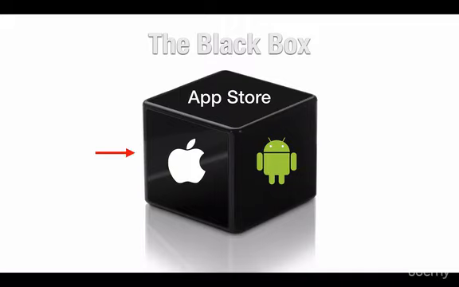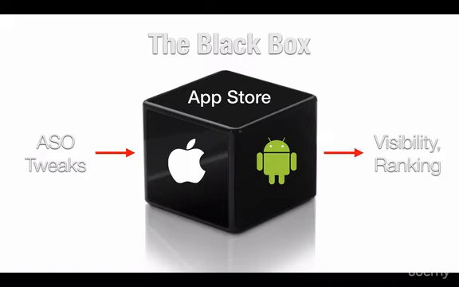But effectively what happens is we do some ASO tweaks to our app listing. It gets put into the App Store and something happens, and what comes out is visibility and ranking. Either good visibility and good ranking or poor visibility and poor ranking. We don't really know exactly what happens behind the scenes in the app stores.